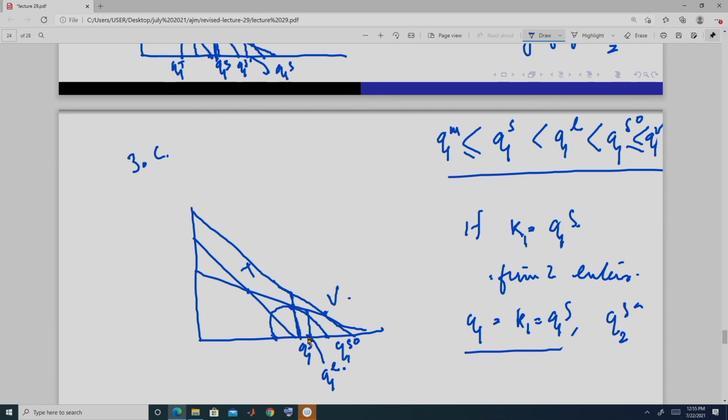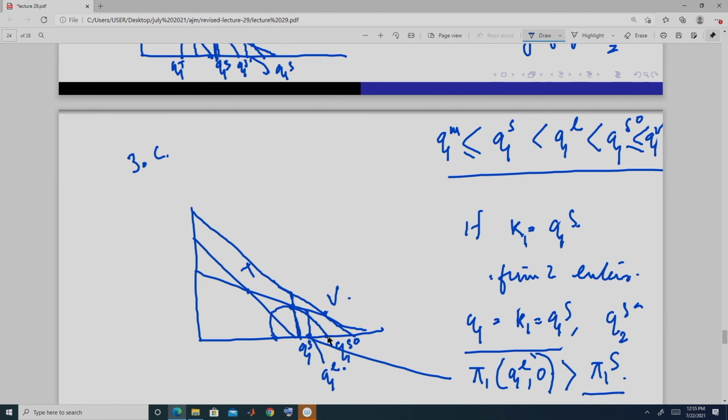So if farm 2 suppose produces 0 output and farm 1 produces this, the profit it gets is more than the Stackelberg thing. So at this point, this profit of farm 1 when it produces this and output of farm 2 is 0, this is greater than this Stackelberg.